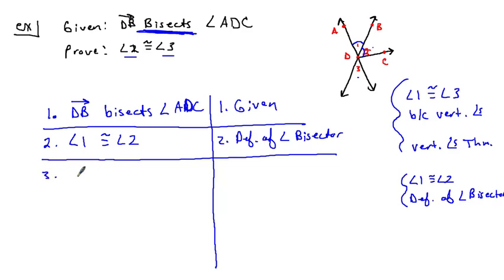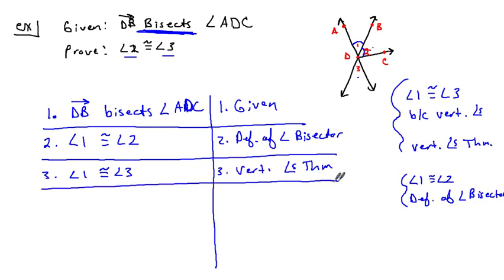Now let's say that angle 1 is congruent to angle 3, and that's because of the vertical angles theorem. Now, some people argue that we need to say that angle 1 and angle 3 are vertical angles first, and we might get more specific as we go on, but for now, let's just write that down. That's good. And then number 4, now we've just said that angle 1 is congruent to angle 2, and we've said that angle 1 is also congruent to angle 3.